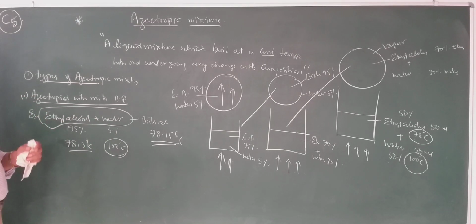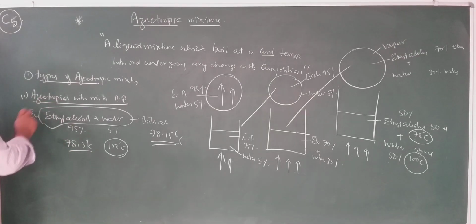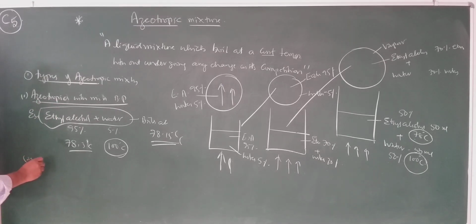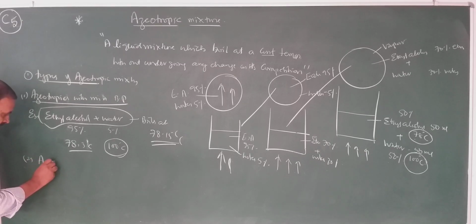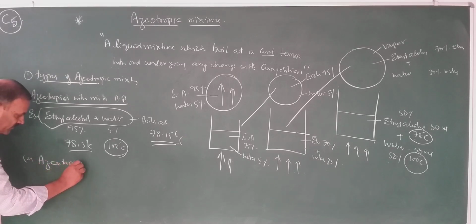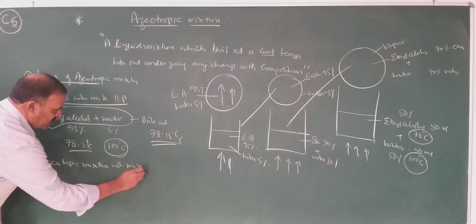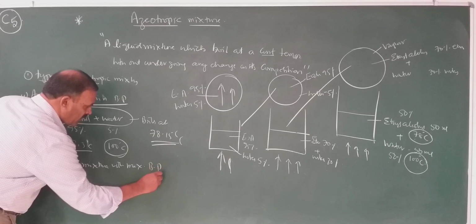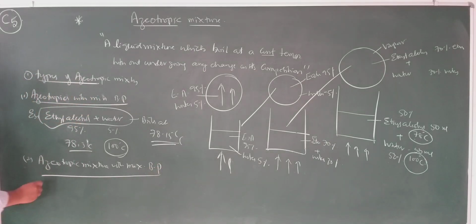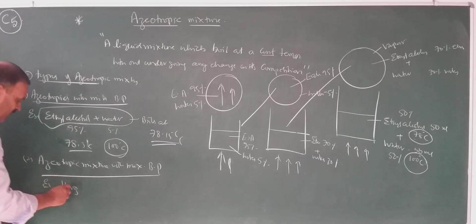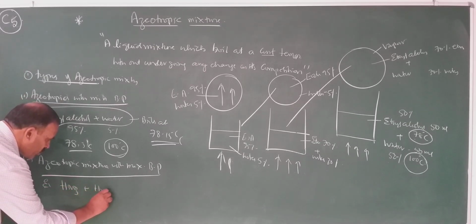I told you that non-ideal solutions form azeotropes. The second type of azeotropic mixture is azeotropic mixture with maximum boiling point. Example, HNO3 plus H2O.